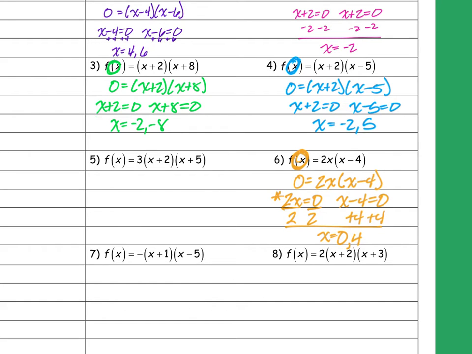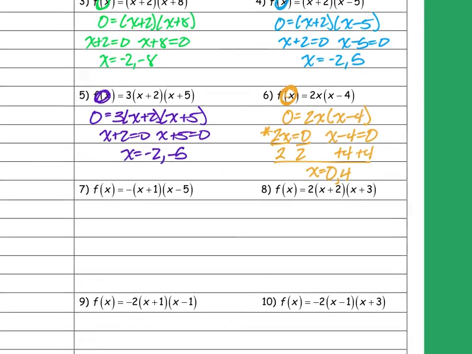Beautiful. And then here we go again. 0 equals 3 times x plus 2 times x plus 5. So x plus 2 equals 0 and x plus 5 equals 0. So x is going to equal negative 2 and negative 5.